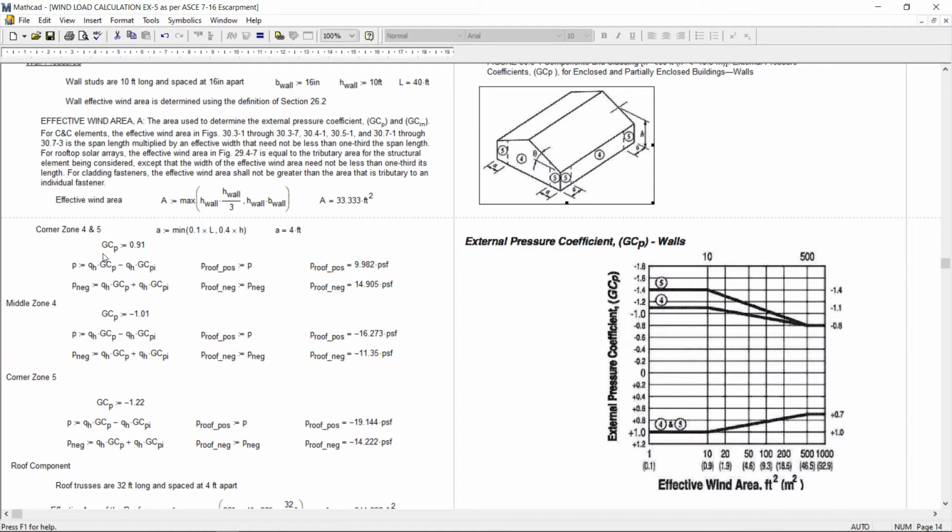Now, wind is blowing, say for example, in this direction, which we have considered as A. So for zone 4 and 5, our area is 33.33. So area here is 20, 50, so something will be somewhere here.